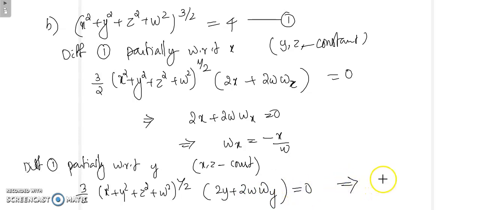So that gives wy equal to, the non-zero factor cancels, minus y by w. Similarly, for wz you will get a similar form, so you will be getting minus z by w. You can solve for that. So that is how implicit differentiation works when the function has 2 and 3 variables.